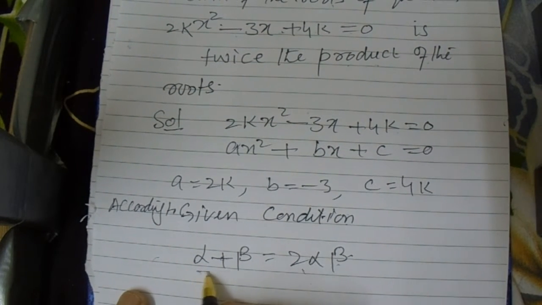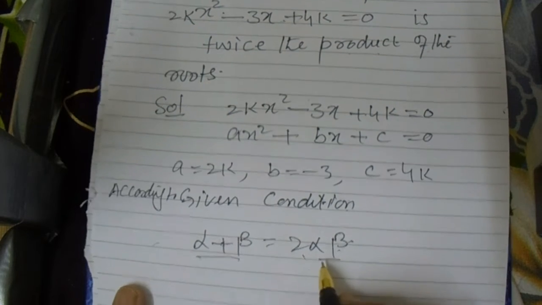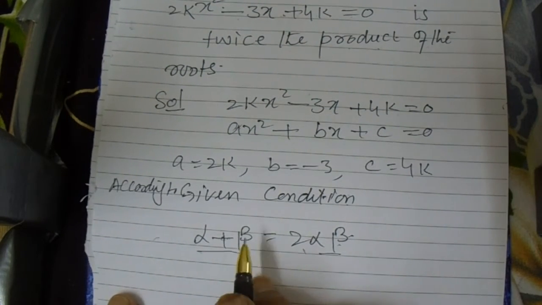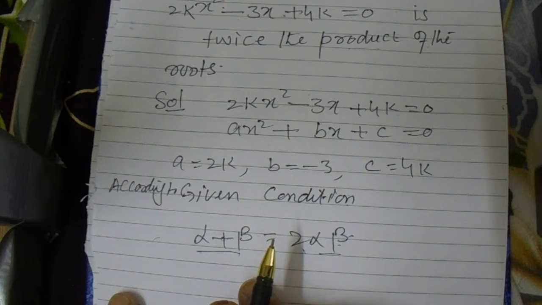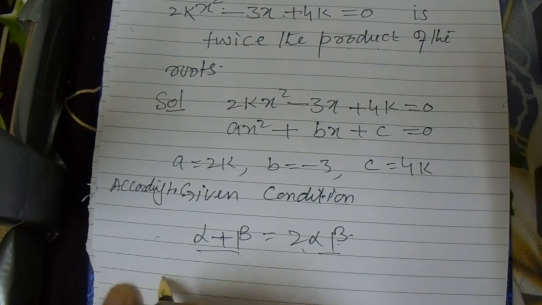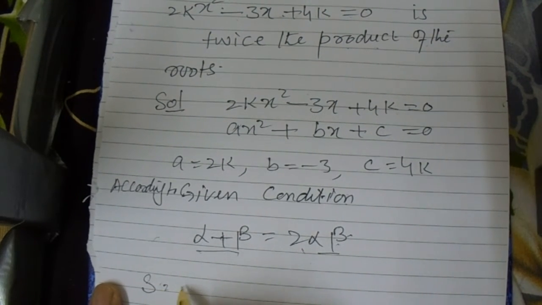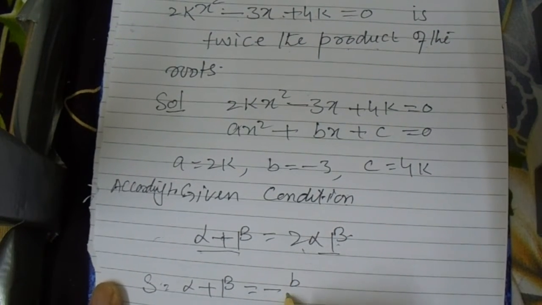Now we find alpha + beta and alpha × beta and put the values here, then we will find the value of k. The sum of roots, alpha + beta, is −b over a.